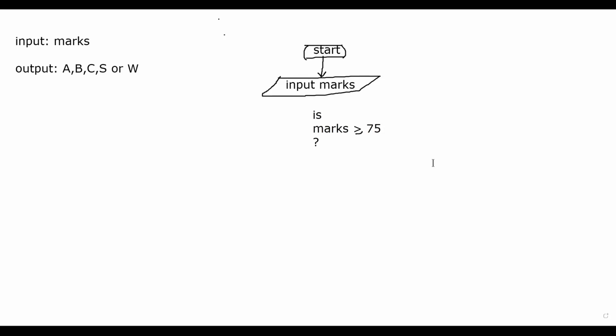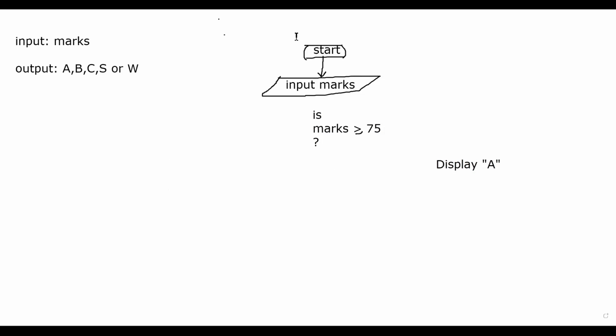So let me put display A. If it is not greater than or equal to 75, that means on this side, it's less than 75, right?